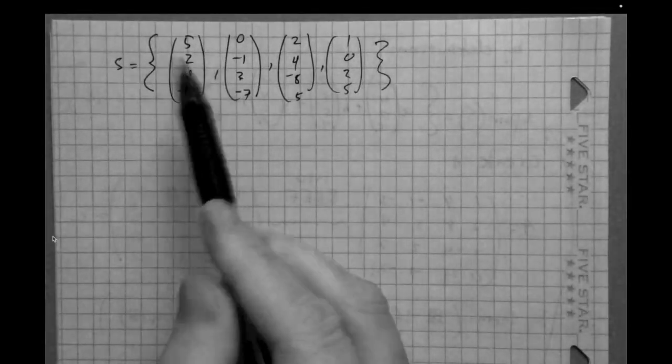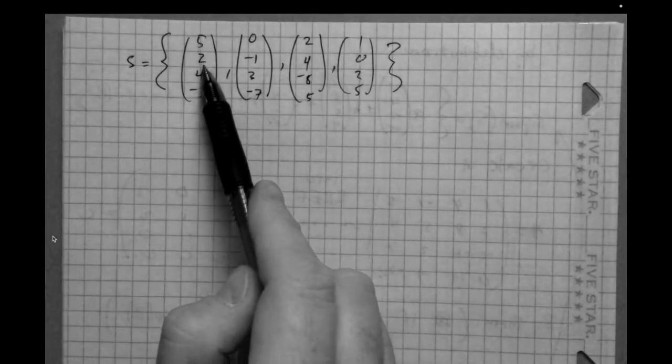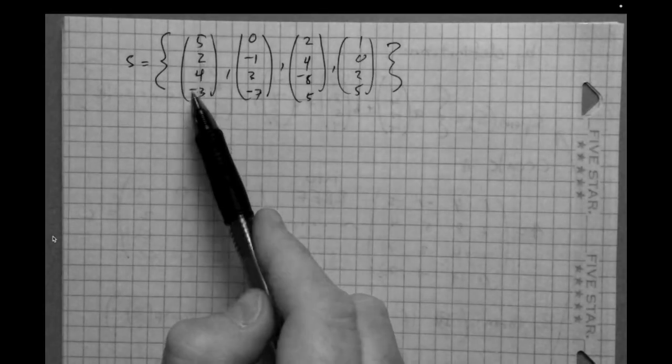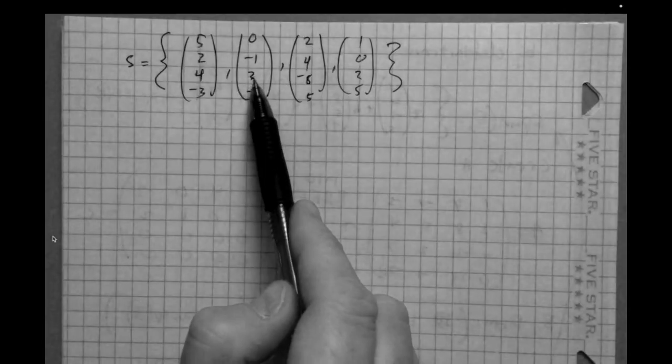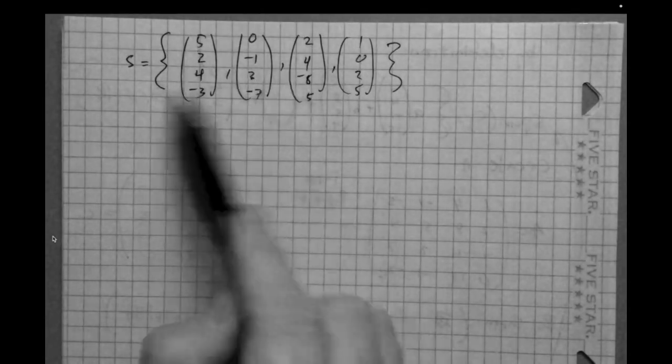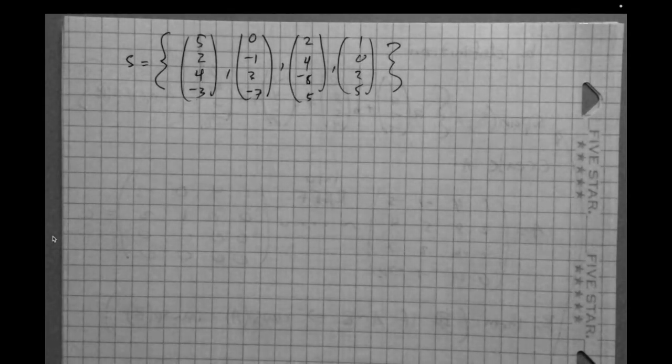Okay, so remember, this is 5x cubed plus 2x squared plus 4x minus 3. This is 0x cubed minus x squared plus 3x minus 7, right, and so on.